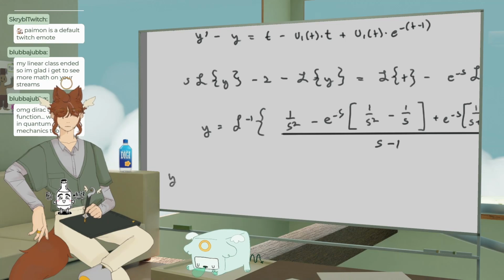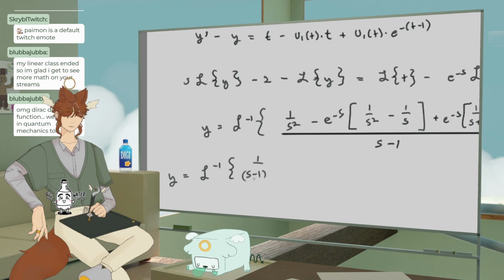Let's see. We have y equals the inverse Laplace of 1 over (s minus 1)(s squared), minus e to the negative s of 1 over s squared (s minus 1). Okay, we can factor that out.